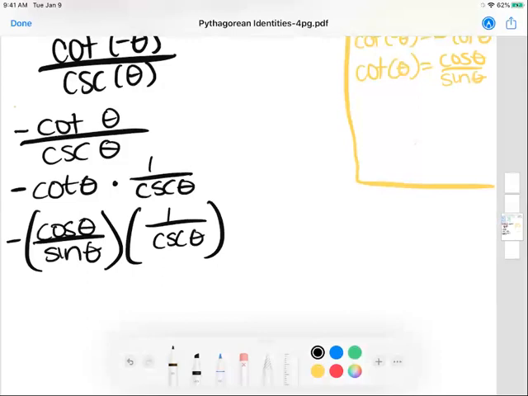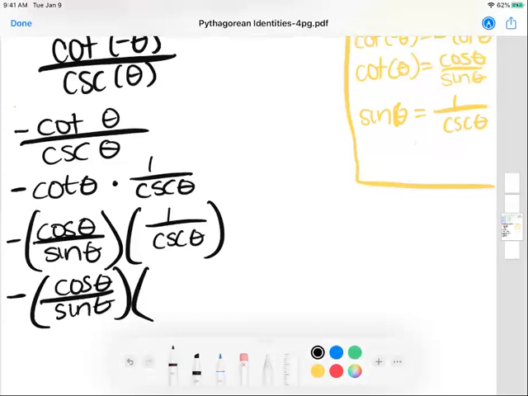Well, 1 over cosecant of theta is the same as sine of theta. So sine theta is 1 over cosecant theta. Because remember, I want this to be one expression. So I still have negative cosine of theta over sine of theta times, now instead of 1 over cosecant, I'm going to rewrite this as sine of theta over 1.